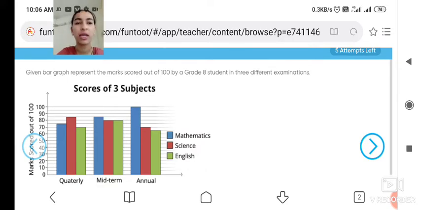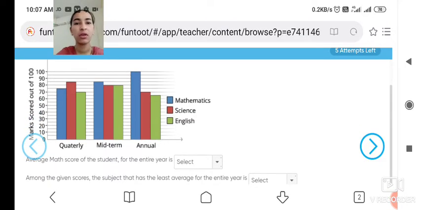Blue color indicates mathematics, red color indicates science and green color indicates English. The scores of the 3 subjects are given here, like quarterly, midterm and annual. On the vertical line, that is called the y-axis, the marks obtained are given out of 100. One line indicates 10. Here it is already given.